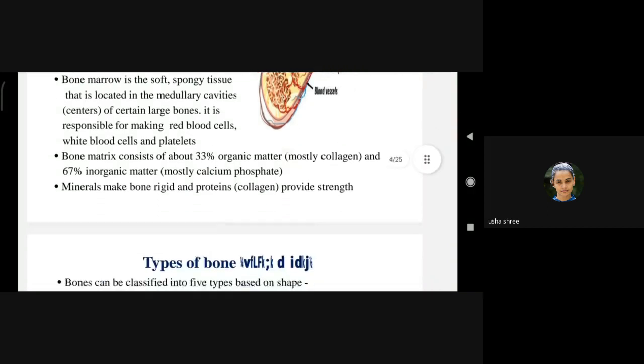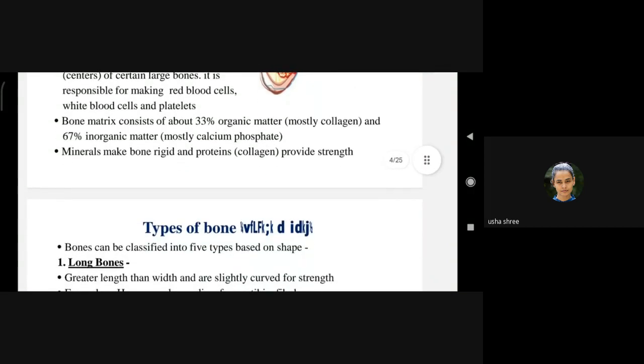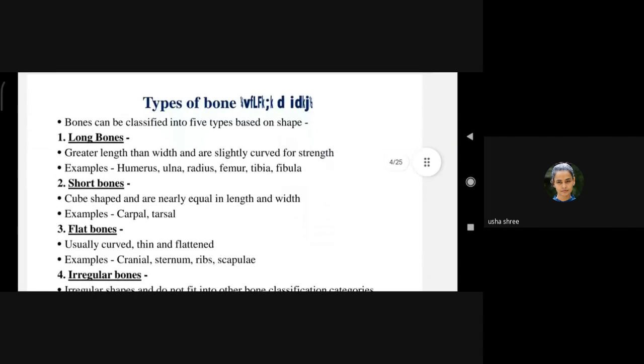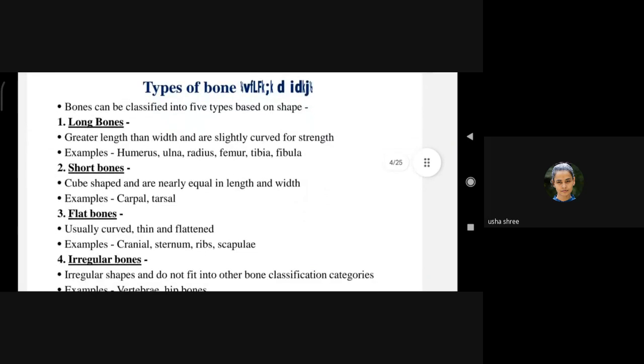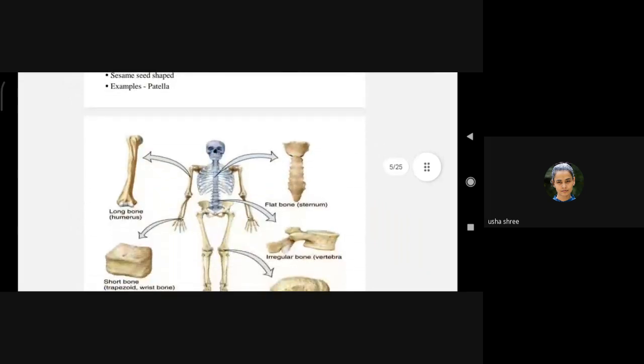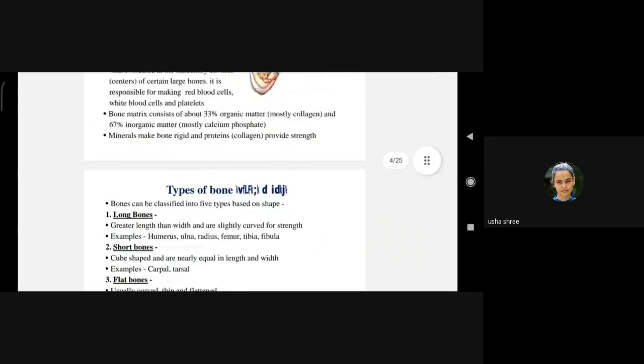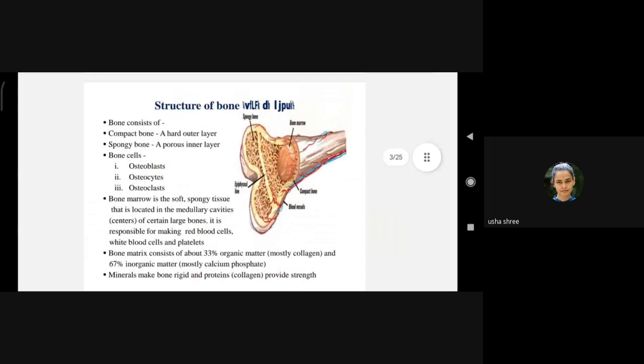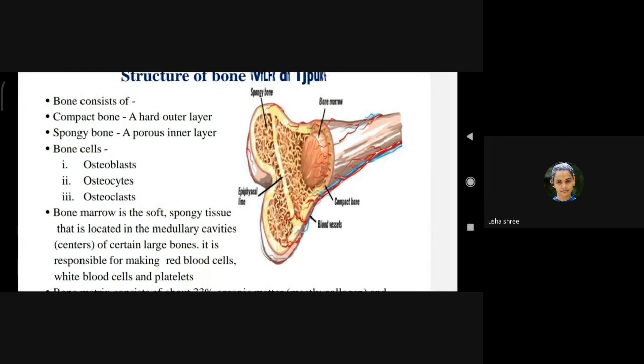Yes, ma'am. Okay. Now, types of bones. Ma'am, if you can scroll up a little bit to the diagram which you just showed us. Based on what you said, the porous part, the spongy bone, is that made up of collagen fibers?